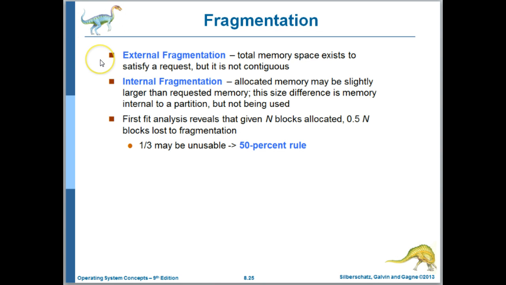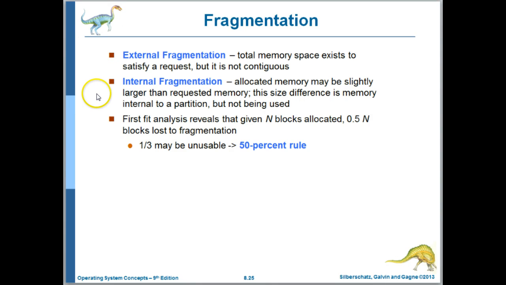So external fragmentation exists between the partitions. So those are holes, and as processes are created, execute, and terminate, we can end up with a large number of small holes, and that's external fragmentation.